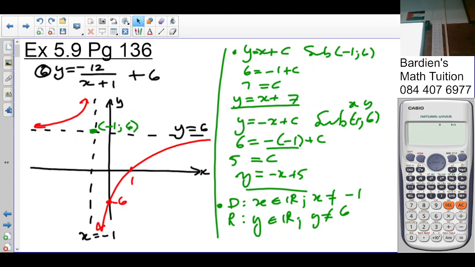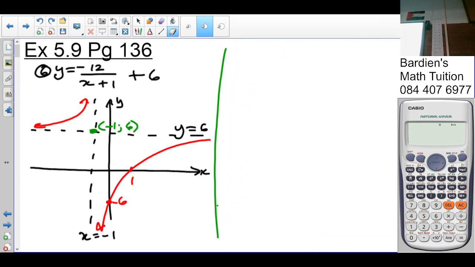What's the next thing I ask you to work out? Is this graph increasing or decreasing? Increasing. It's increasing for all values of x except x equal to negative 1. So x is an element of all real numbers, x is not equal to negative 1.